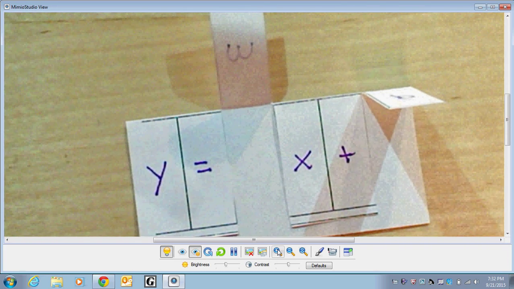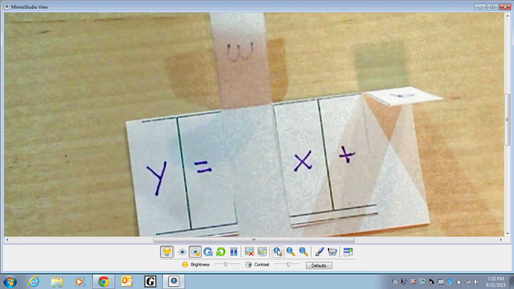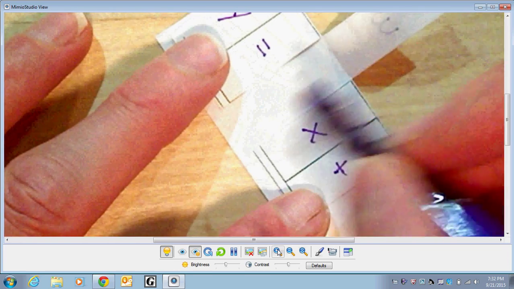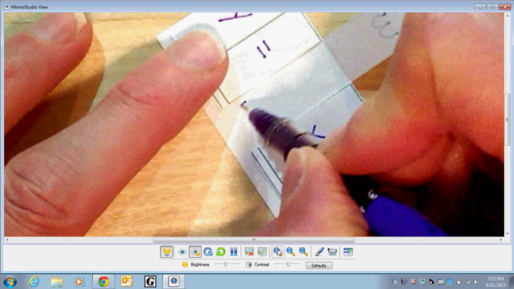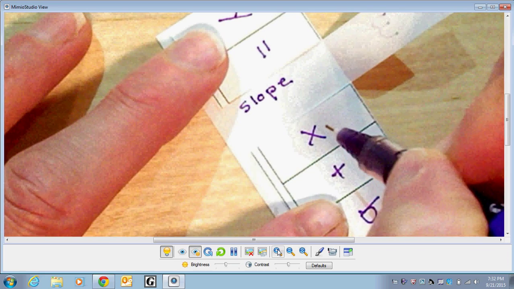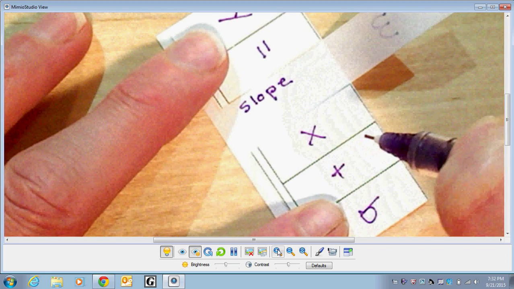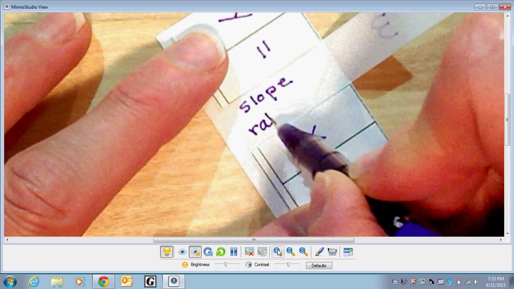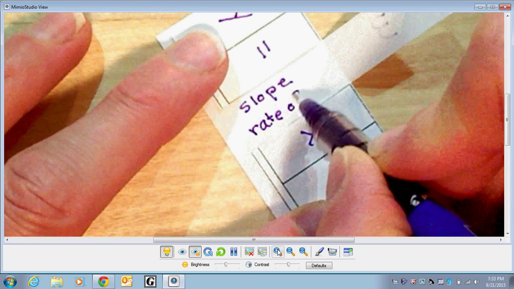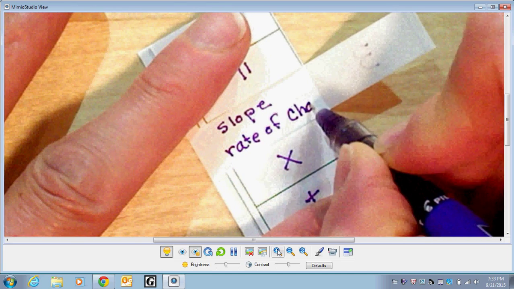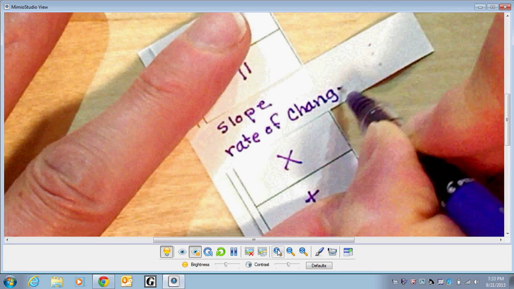So underneath the M, we're going to write, we'll turn it sideways, and we're going to write slope, and that's also rate of change. So underneath slope, I'm going to write rate of change.